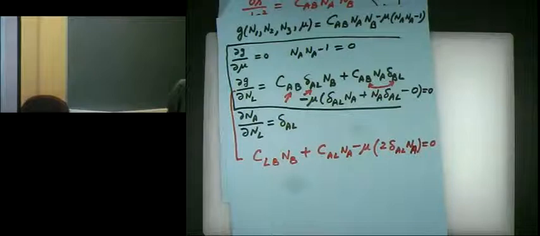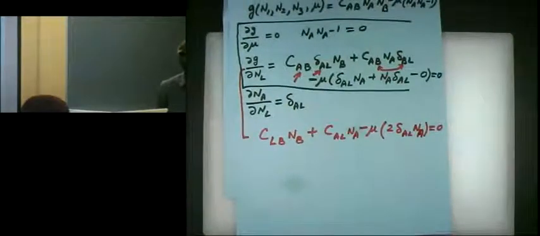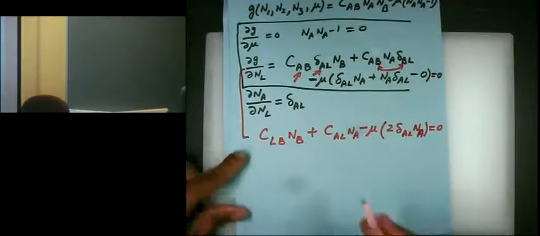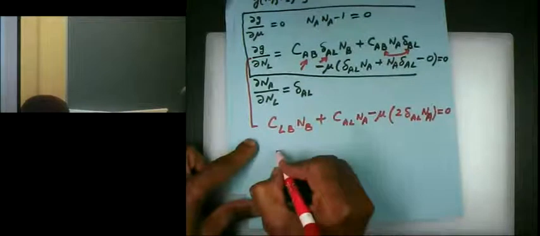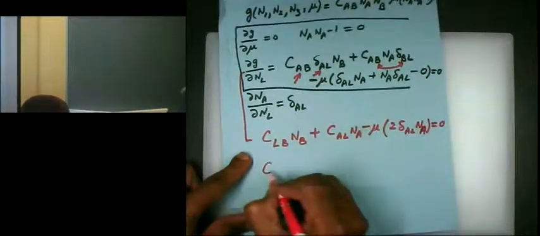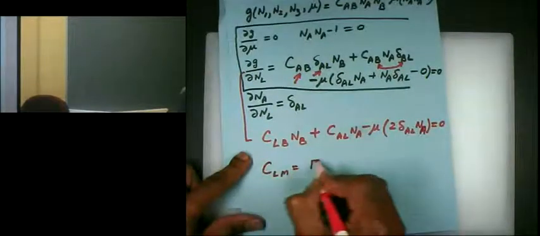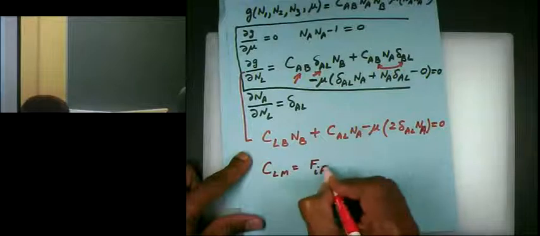Okay, now let's look at the first term. C is symmetric. The matrix C, the way we defined the matrix C, is symmetric. If you don't remember it, the definition of C was C_LM is F_iL F_iM.